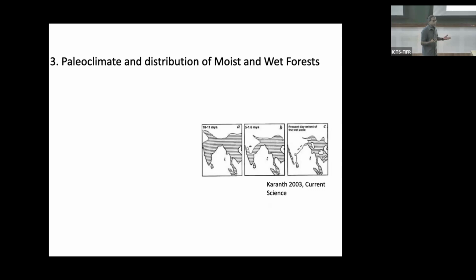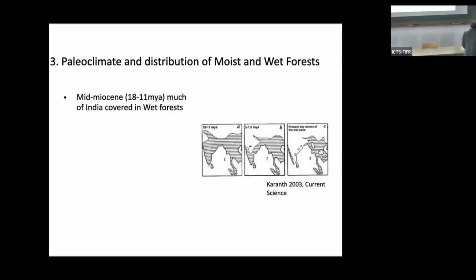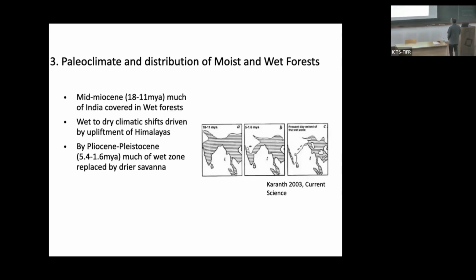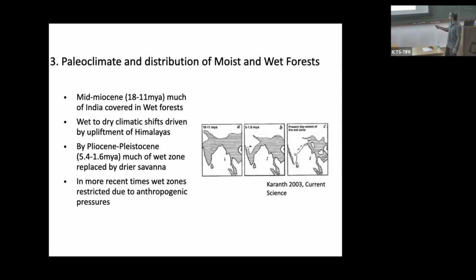There are no specific data for this, but they used literature on what the vegetation was like and made a cartoon map. So in the mid-Miocene, 18 to 11 million years ago, India was covered with wet forests, and then it became drier and so on.